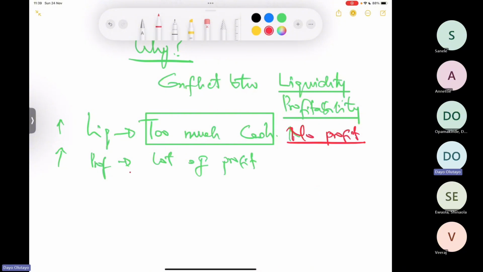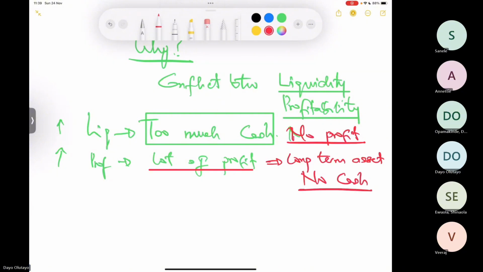Whereas if you decide to chase a lot of profit, then you have to invest in long-term assets because those are the assets that will give you a lot of profit. And when you do that, you don't have cash. And a company needs a reasonable amount of cash to settle obligations.